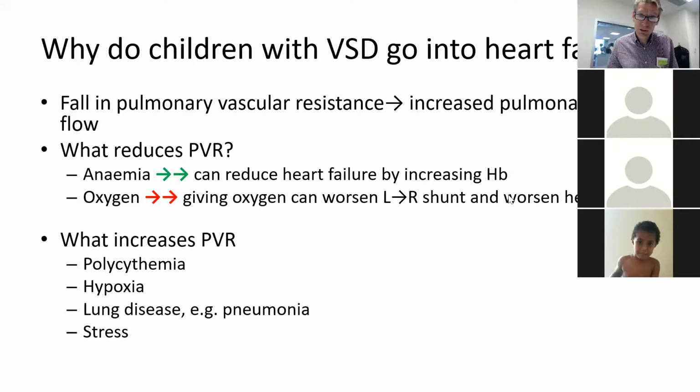So it can worsen the child's heart failure. It's an important thing to note: in a child with a ventricular septal defect, you can give them oxygen, but you have to be very cautious about the amount you give so that you don't make their heart failure worse.